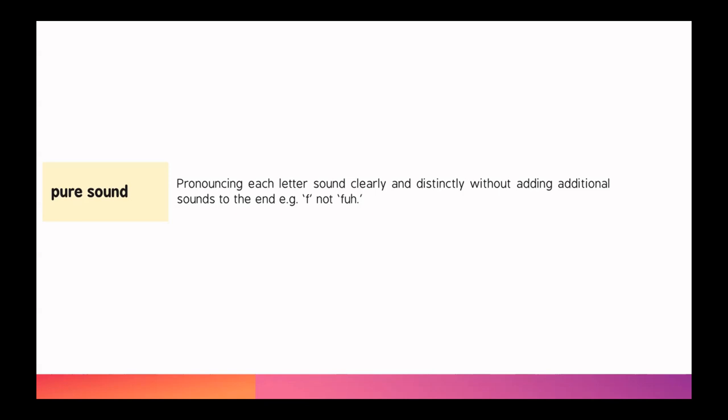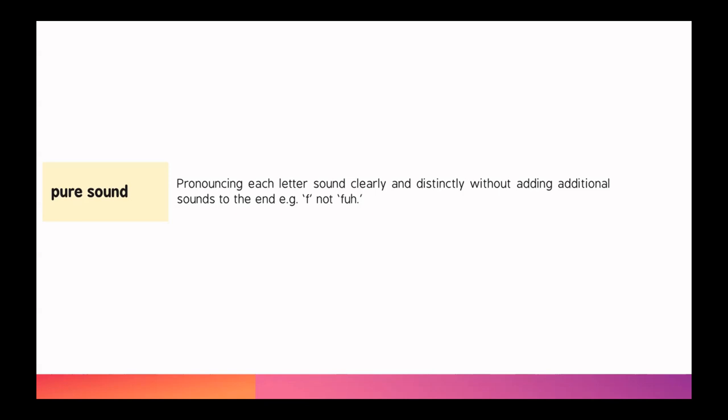We don't add additional sounds at the end. And as I said previously, the two that sort of trip people are the b and the p. Okay, so these are the two sounds that tend to trip people a lot. I mean, the other ones are basically straightforward, but you have the b and then you have the p.